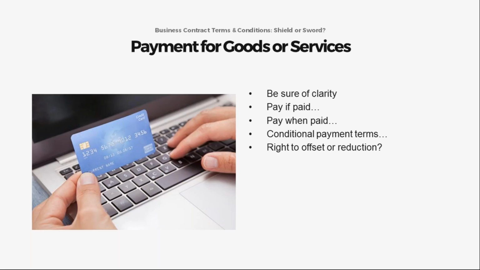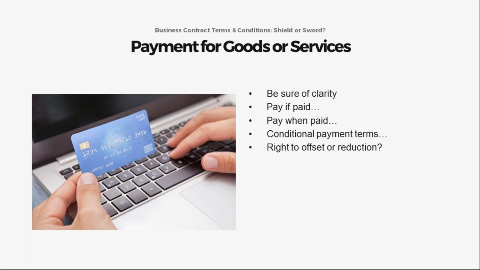So pay if paid and pay when paid in North Carolina are unenforceable, even if in writing, but you don't want to have that argument when someone says, well, that's in the contract. What about conditional payment terms? That is, I'll pay you conditioned upon the following. You've got to look to see what that term is.